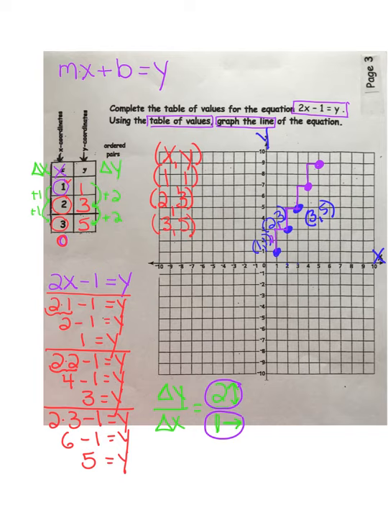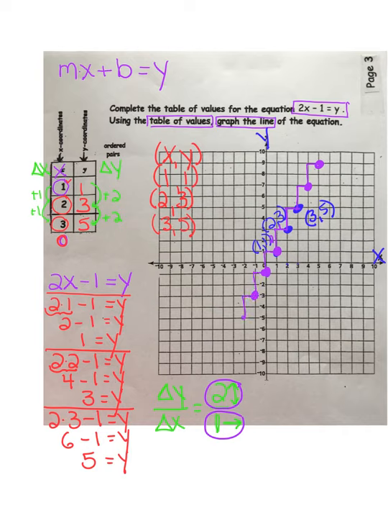Let's put our pencil point on our very first point, 1, 1, and let's continue this step process working backwards. Go over 1, down 2, and make a nice solid dot. Over 1, down 2, make a nice solid dot.